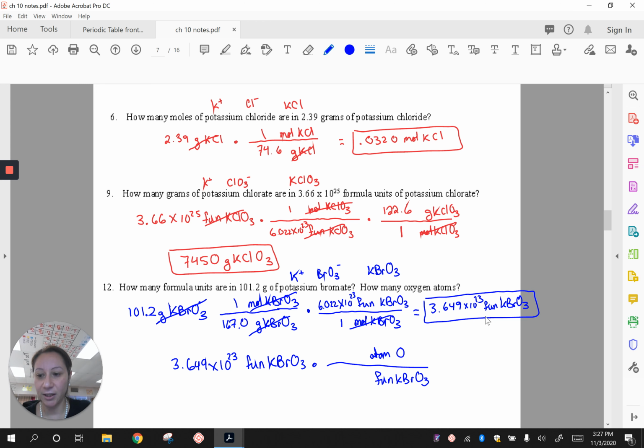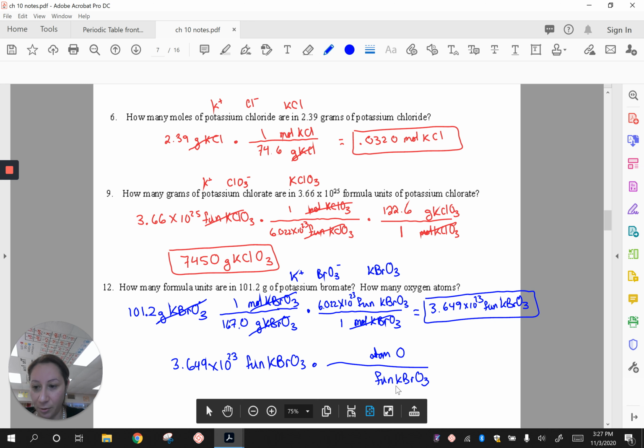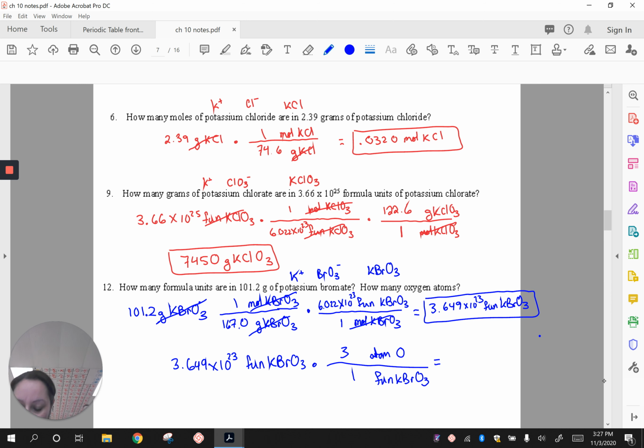And I can link between particles and particles. So one of these formula units has 3 oxygen atoms. So I just multiply by 3. The answer that I get is 1.095 times 10 to the 24th atoms of oxygen.